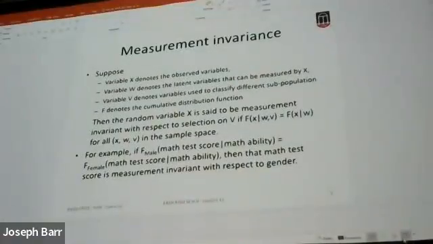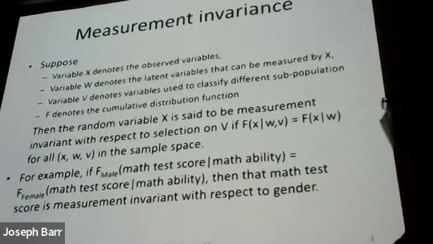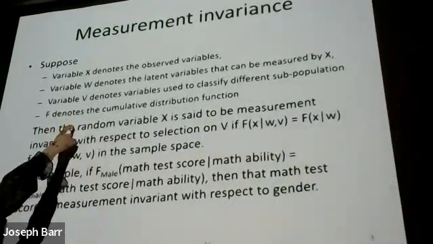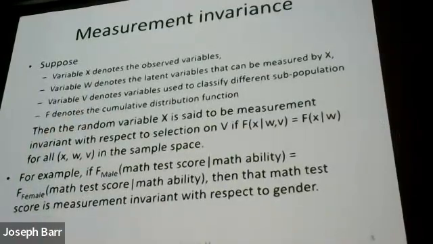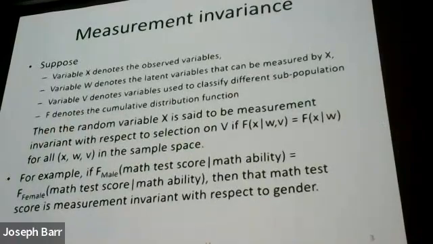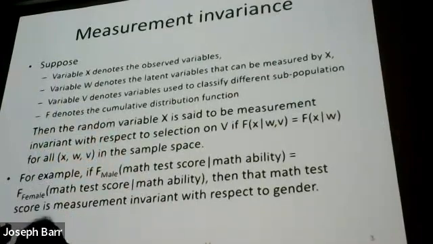Okay, starting from the formulation, we have to give some terms or definitions of this area. Suppose we have different variables, different notations. The variable X denotes the observed variables, and the variable W denotes the latent variables that can be measured by X. So what does that mean?